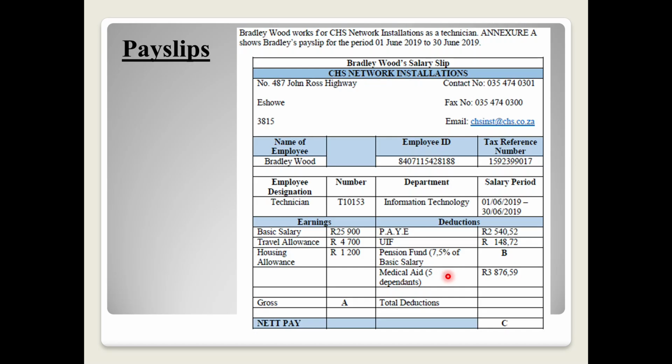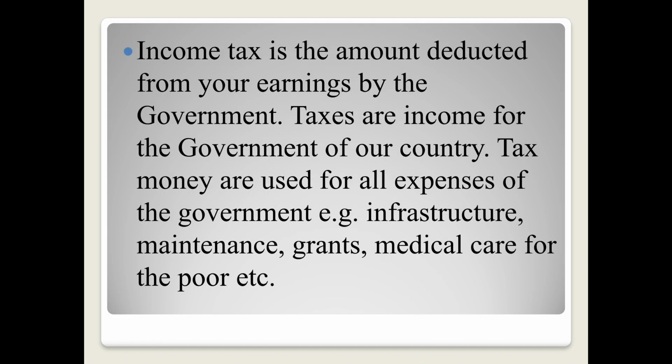So the meaning of that is he belongs to a medical aid. But if you don't belong to a medical aid and you go to a government hospital, then the tax that we pay is part of what the government will use for medical care for the poor, people who don't belong to a medical aid.